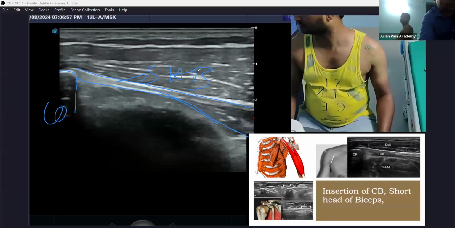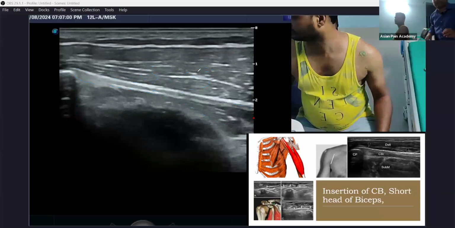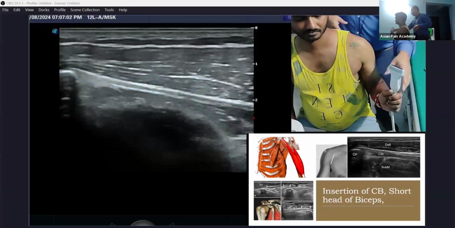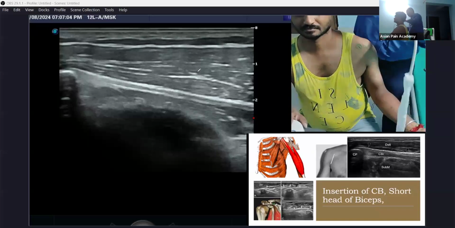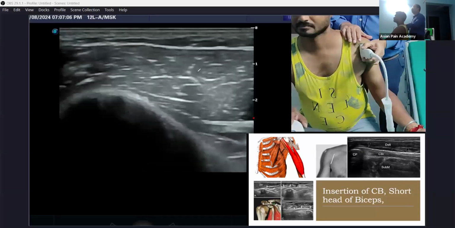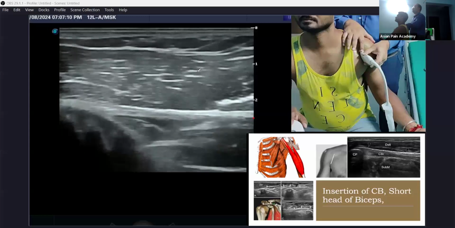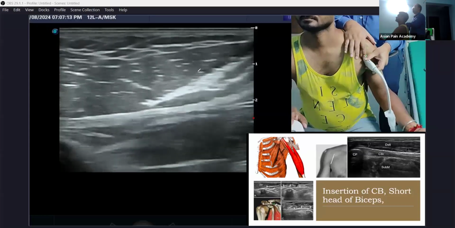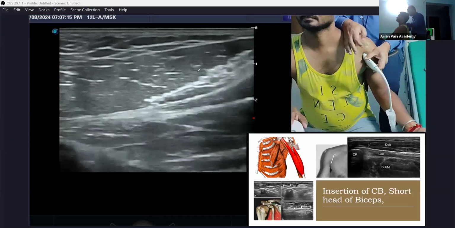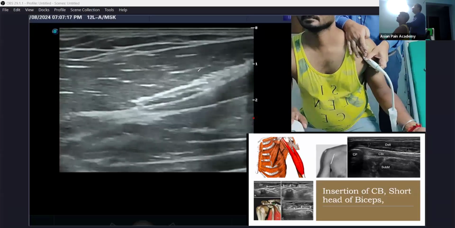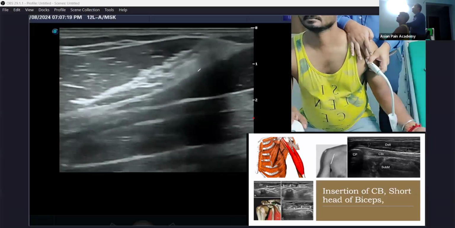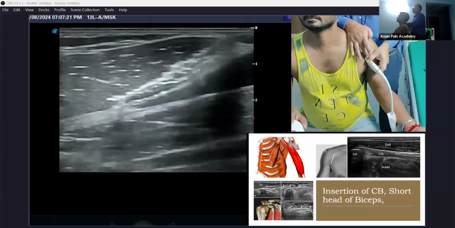I will go a bit distally and show you in short axis that this is the short head of biceps. Going distally, you can see the biceps tendon has started, the upper part, the middle part.